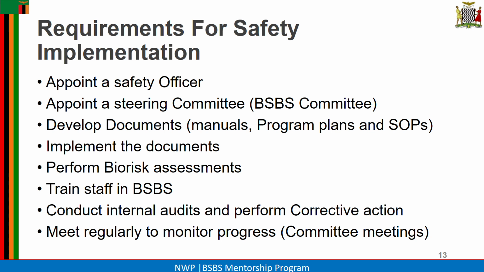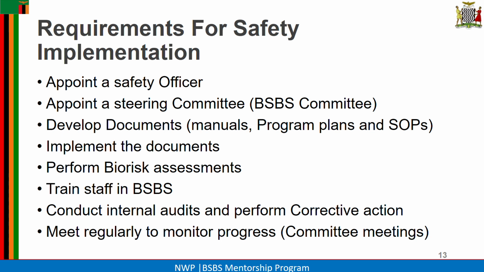Then you need to develop documents. So you need to have manuals, program plans, and standard operating procedures, as well as the forms that you may need to support your SOPs. But after you develop your documents, you need to implement whatever is written in them. And for you to implement what is in the documents, people are supposed to know how to implement, and therefore training staff in biosafety and biosecurity becomes the next step.